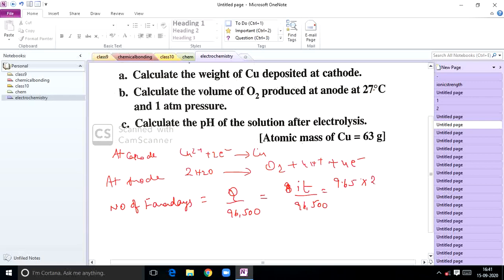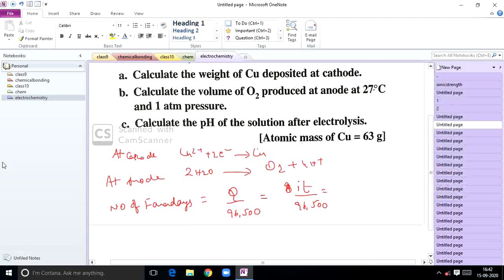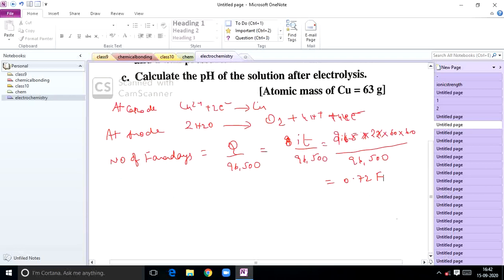Convert the 2 hours into seconds: 2 into 60 into 60, divided by 96,500. So you solve this one, you will get 0.72 Faraday, the number of Faradays.